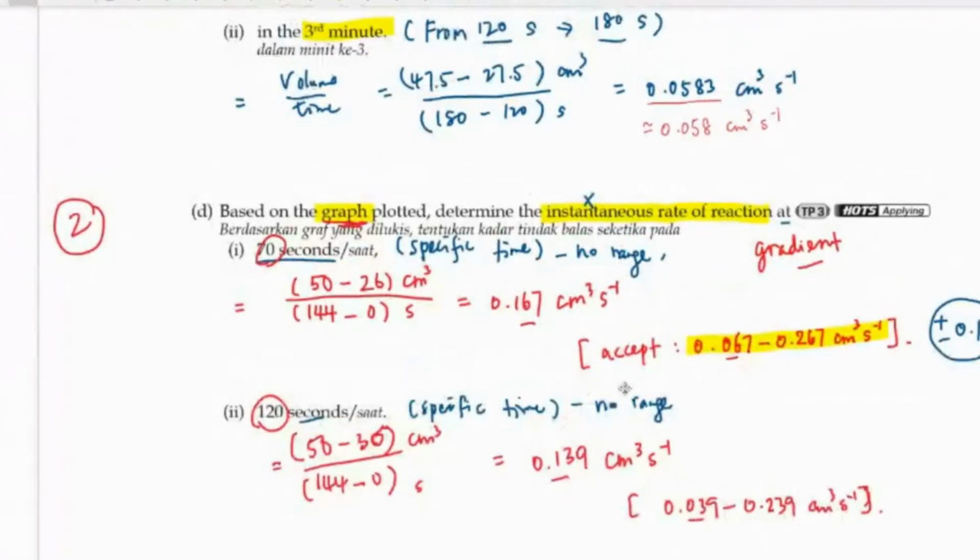Okay, 0.056. Then just now, Willie, your answer is 0.142. Your answers for both are accepted because the 120 seconds one is lower, correct? Okay, good, Willie.